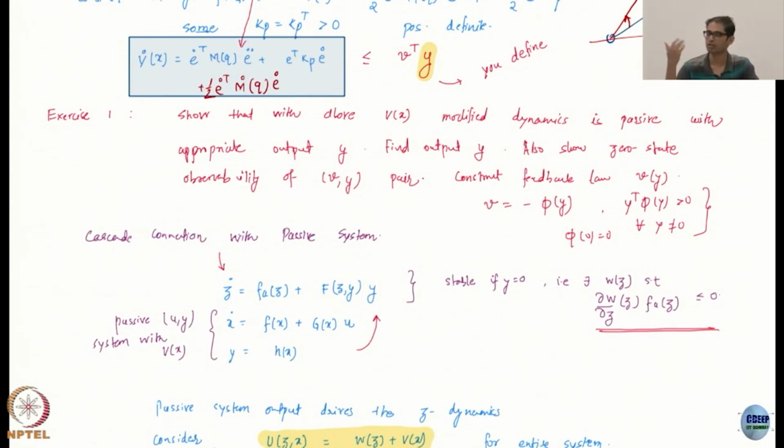Or if you want to define it the way I defined it, the set containing output equal to 0 can contain nothing but the trivial solution, that is x equal to 0. Okay, so you have to also show zero state observability, because only with these two conditions does this control work. You need two conditions, not just passivity. You also need the zero state observability. Alright, okay.